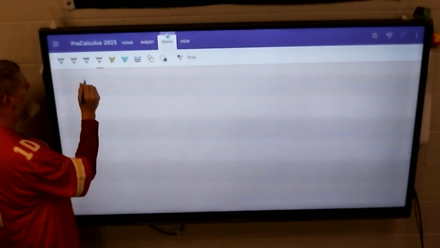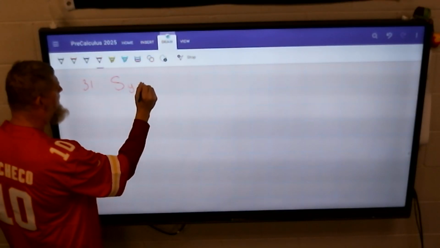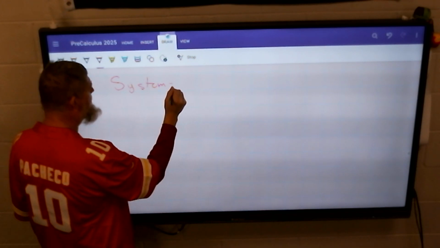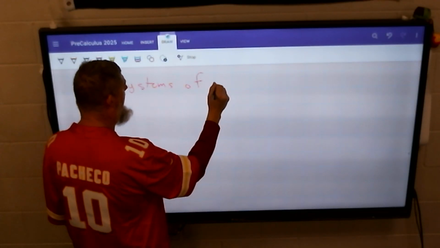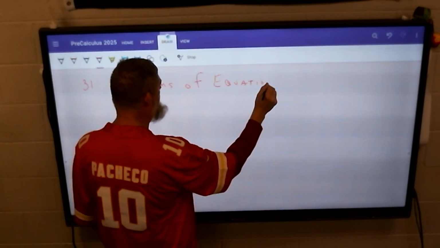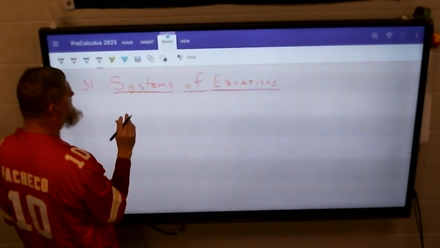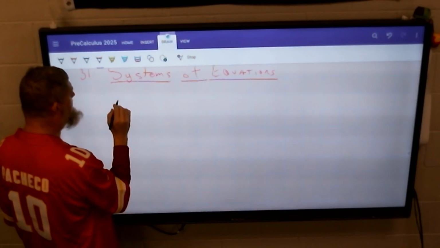Lecture 31. And we're talking about systems of equations. And this is one topic you should have had in Algebra 1, you should have had in Algebra 2. I know my Algebra 2 kids, we talked about it. So system of equations. Let's look at the definition.